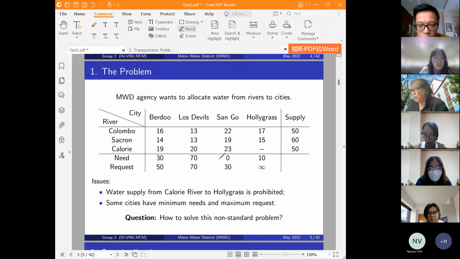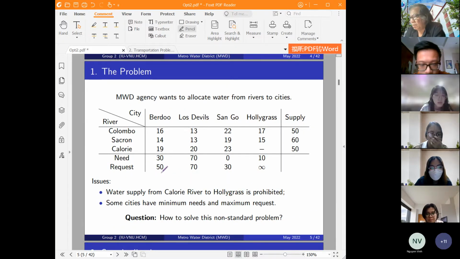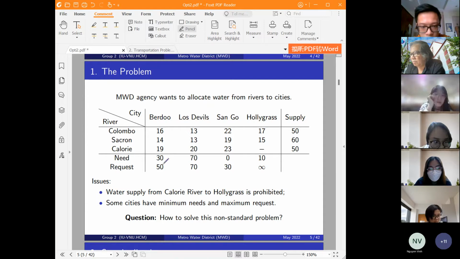That is okay. So D1 is what, D2 is what? We recall that we must supply to Purdue at least 30, but not more than 50. So if we solve this problem, then D1, the real amount of water that we supply to Purdue by allocating water from Colombo, Sacro, and Calgary, must lie between 30 and 50.